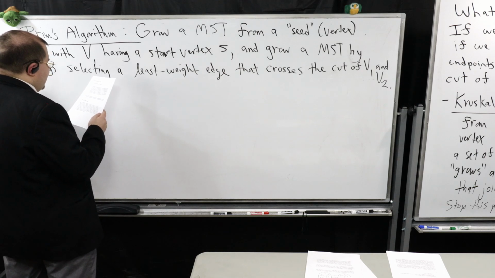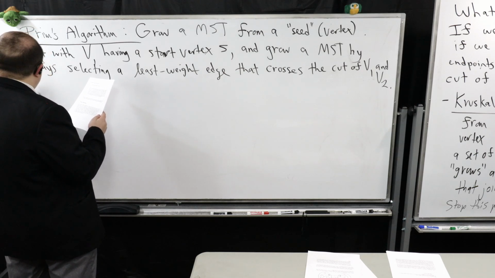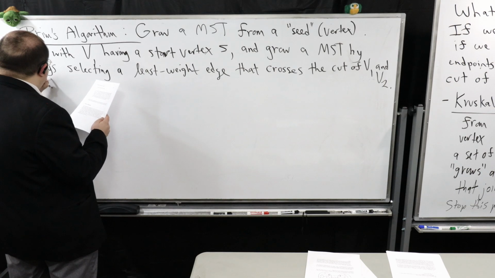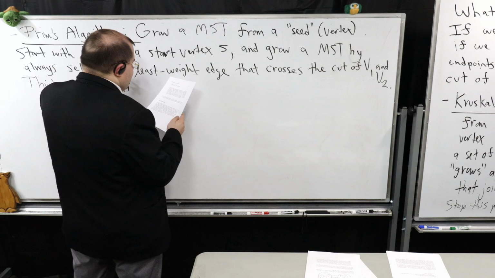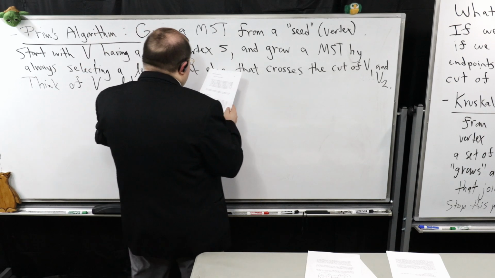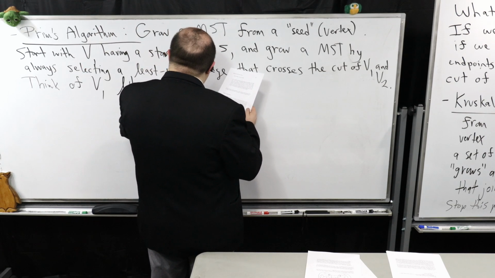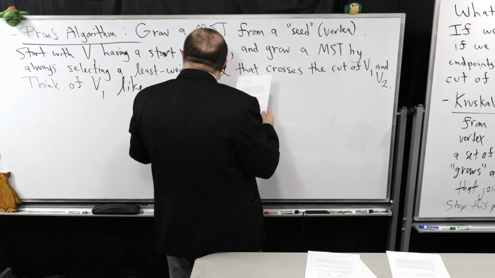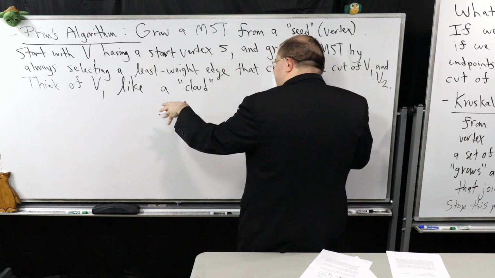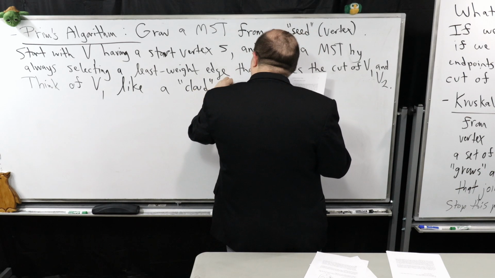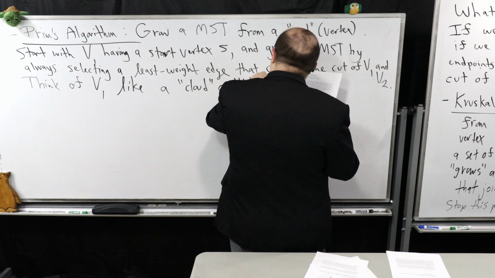So that being said, I like to think of V1 like a cloud. Some people like to use the softer, gentler way of thinking of it, like a cloud that fogs in. I like to think of a blob because it's just way more edgy.